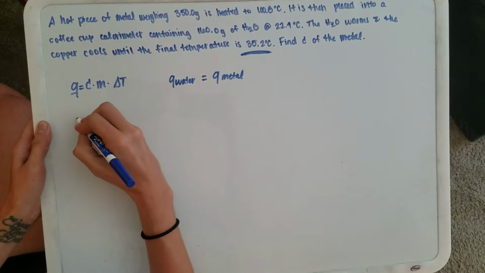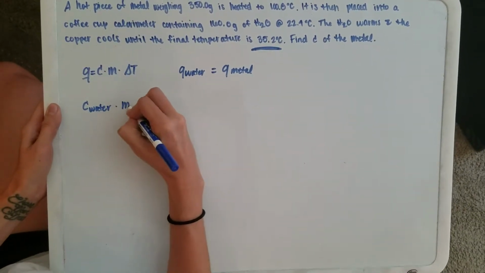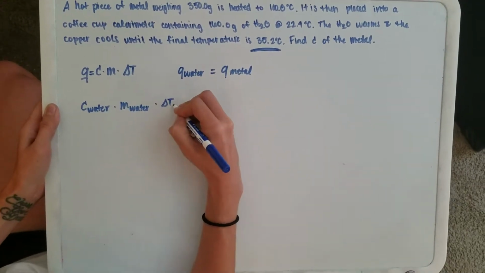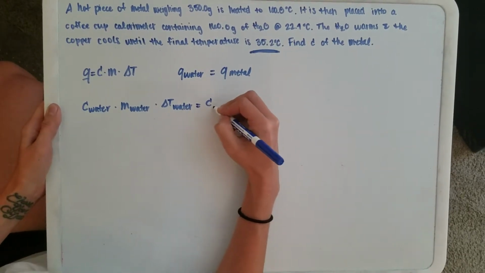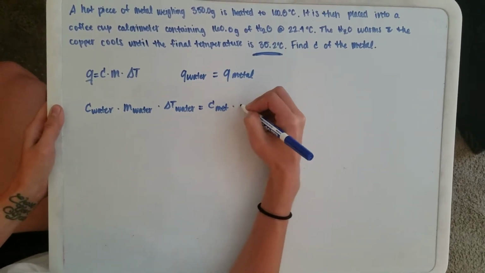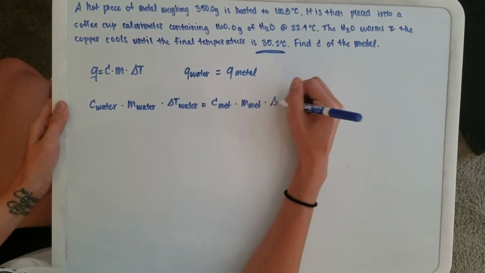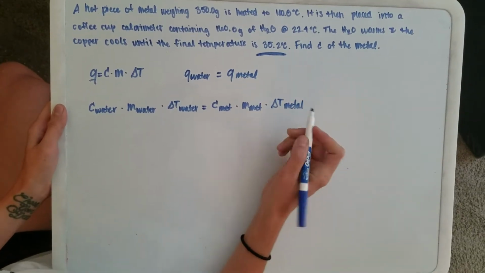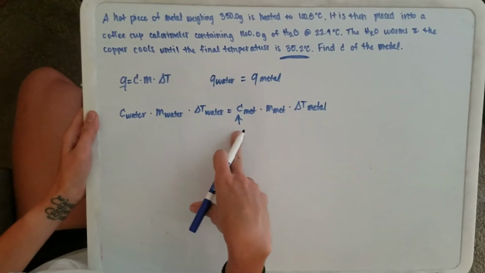We've got the specific heat of water times the mass of the water times the change in temperature of the water equals the specific heat of the metal times the mass of the metal times the change in temperature of the metal. And this is what we're looking for right here, the specific heat of the metal.